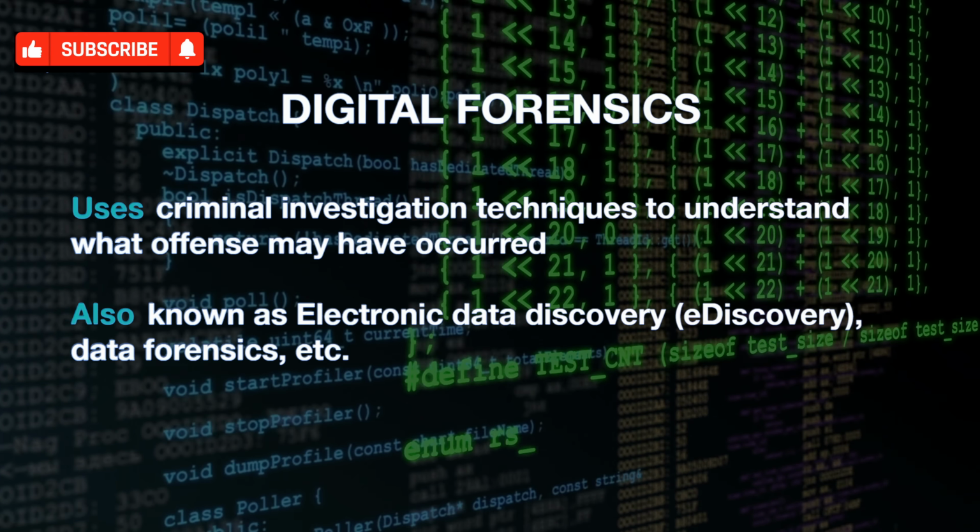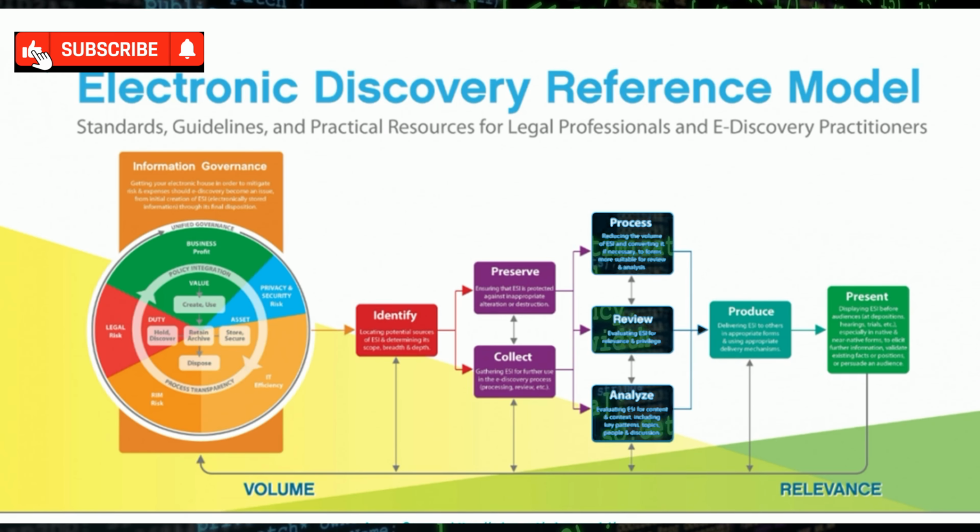Now, the e-discovery reference model is probably the most prominent thing you are going to see on the exam. First of all, everything is going to start with information governance. That's the biggest piece of the forensic process. Now, there's a lot of things going on in this particular area, but you don't really need to worry about that for the exam.